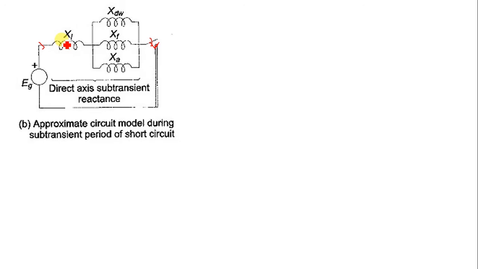The damper winding has a low leakage reactance, in comparison with the field winding, which has a high leakage reactance. So, for the field winding the leakage reactance will be higher.